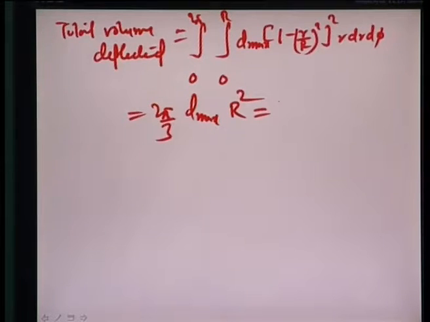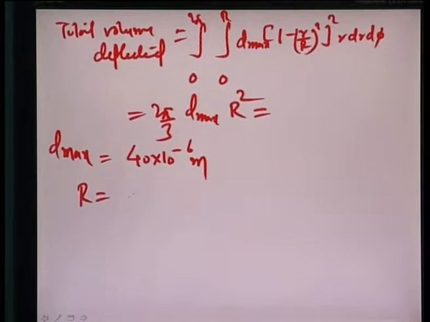As you know, d max in this case is essentially 40 microns. It has been mentioned in the question that the maximum deflection at the center is 40 times 10 to the power of minus 6 meters. Radius r is 2 millimeters because the diameter is 4 mm, so it is 2 times 10 to the power minus 3 meters.